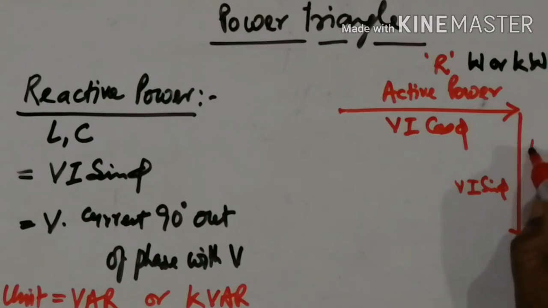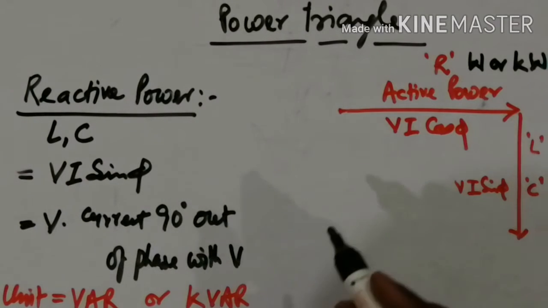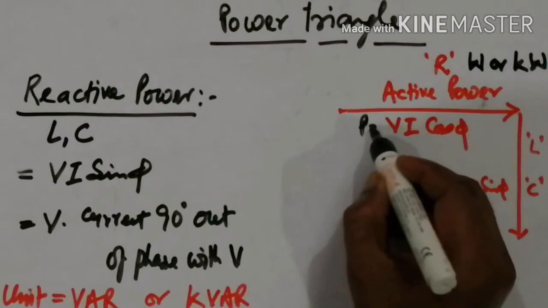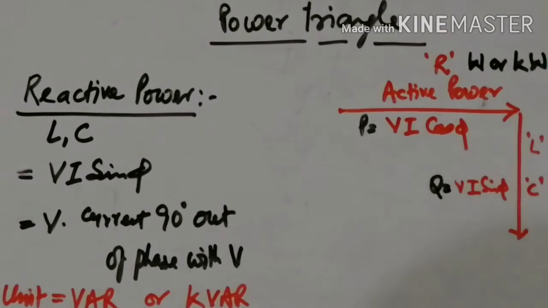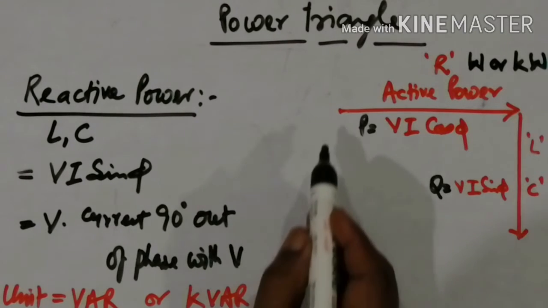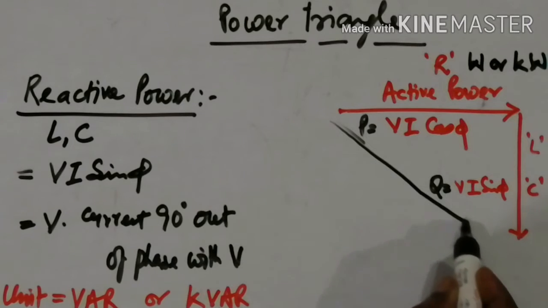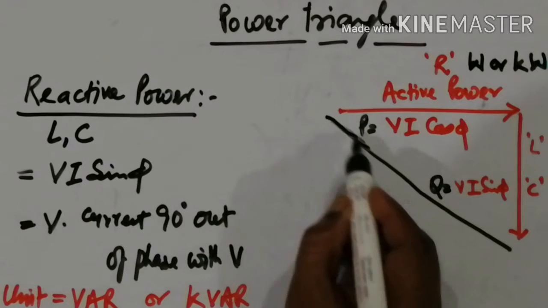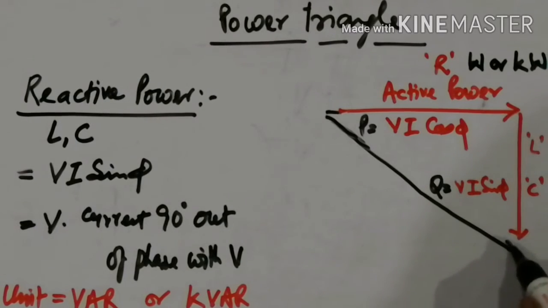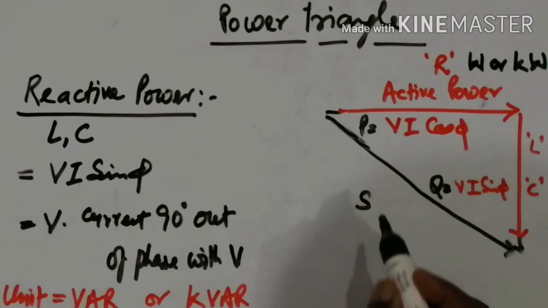Active power is represented by P. Reactive power is represented by Q, and the resultant of these is known as the apparent power, S.